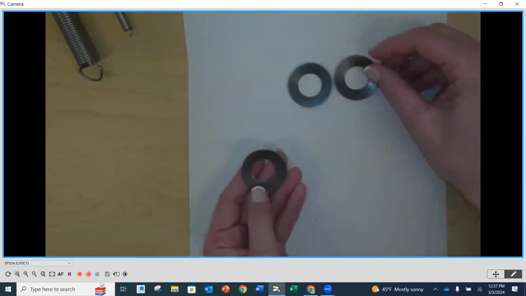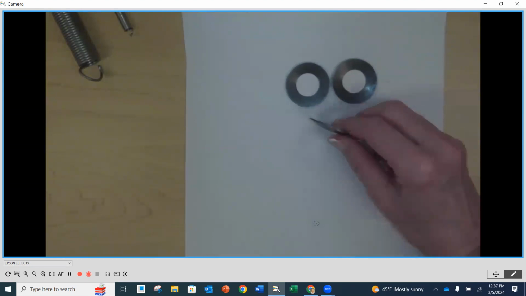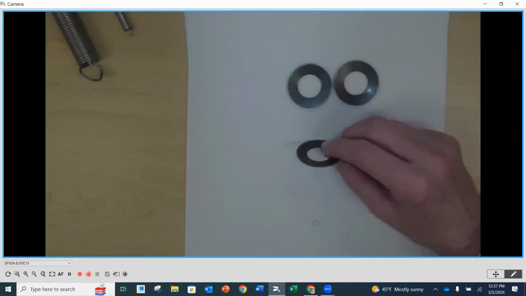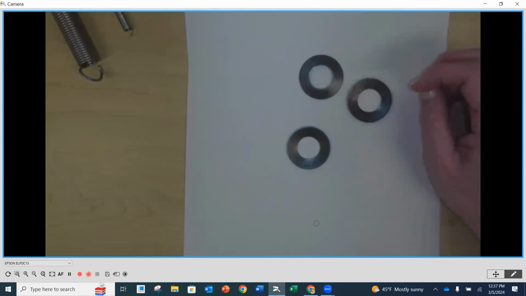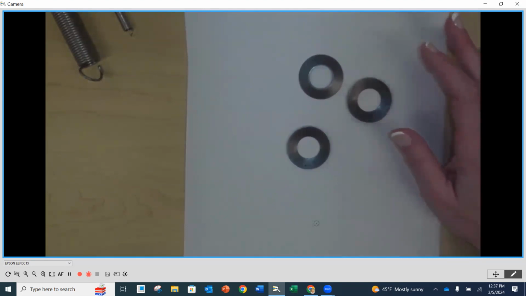Most springs can have a pretty high cycle count. So as long as you're within the working range specified by the manufacturer, you're in like millions and millions of cycles. So you just want to make sure you design within the specified range and load of the spring you select, with any type of spring.